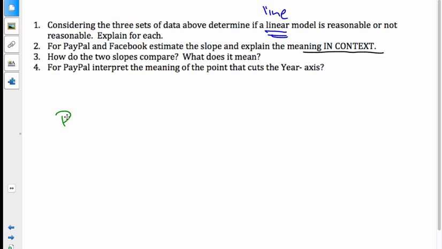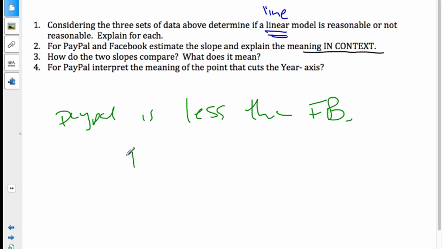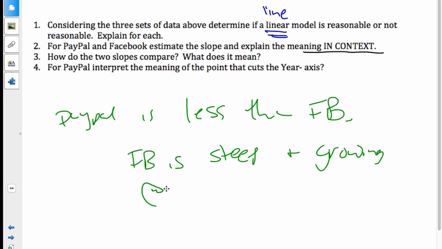Well, the PayPal slope is less than the Facebook slope. And so the Facebook is steeper and growing at a faster rate than PayPal. But they're both positive. They are both growing. Yep. If you are making money in PayPal, that's a good thing. If you like photos going on Facebook, then that's a good thing as well.